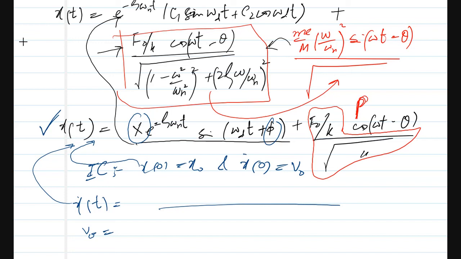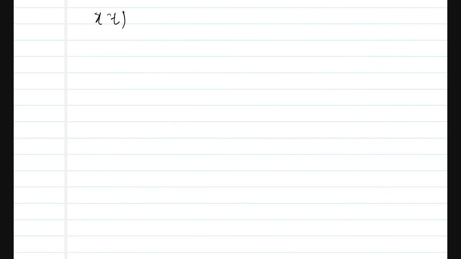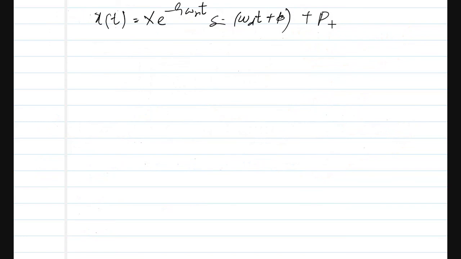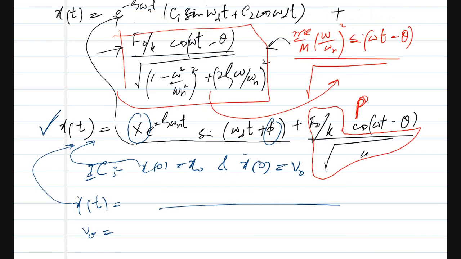So then your solution ends up like this: x of t equals capital X e to the power minus zeta omega n t, sine of omega d t plus phi, plus P sine of omega t minus theta. This is the total solution, where P, as you know, is this whole factor.